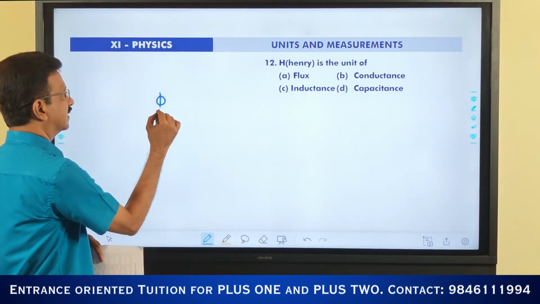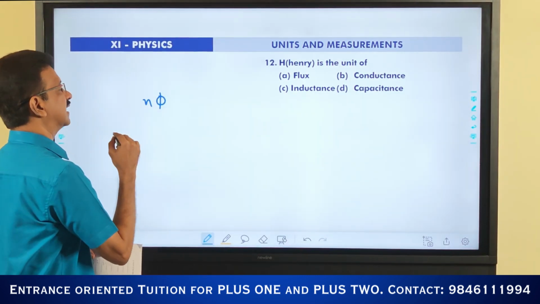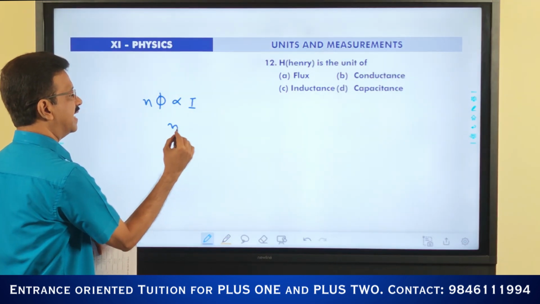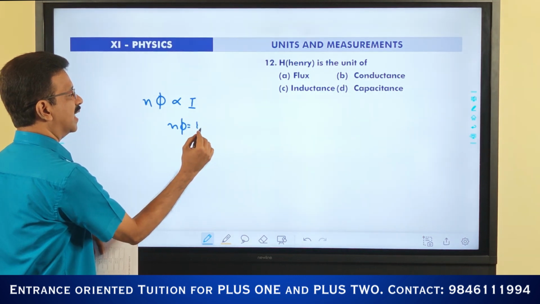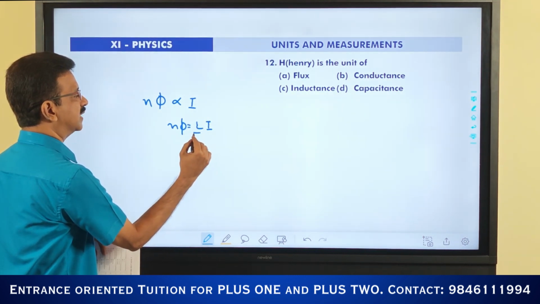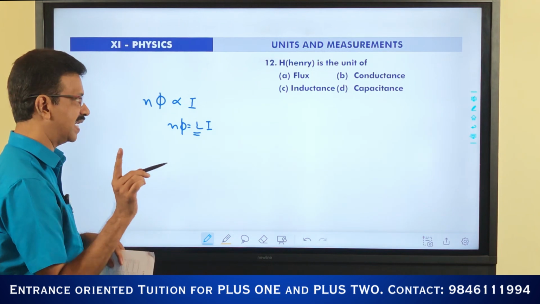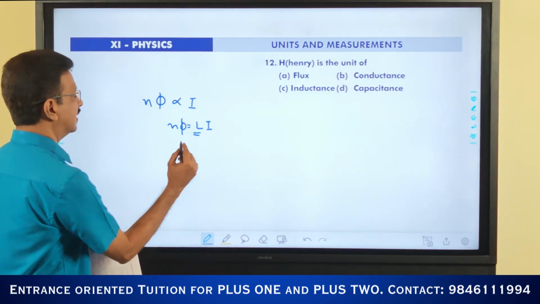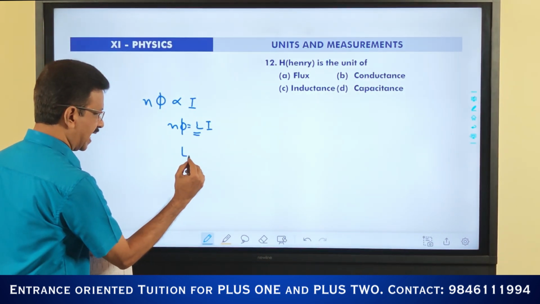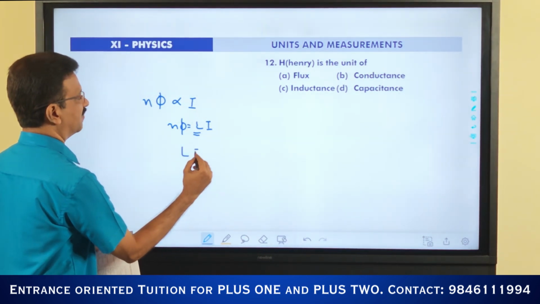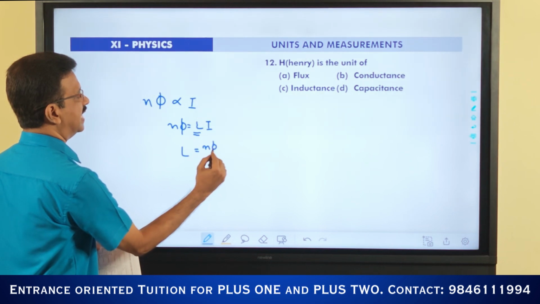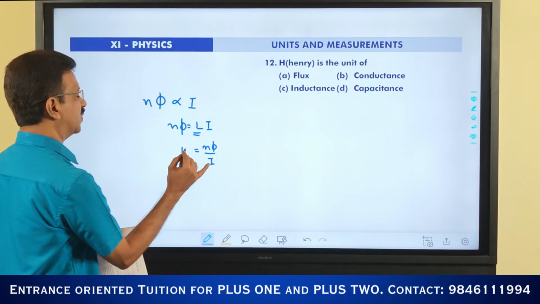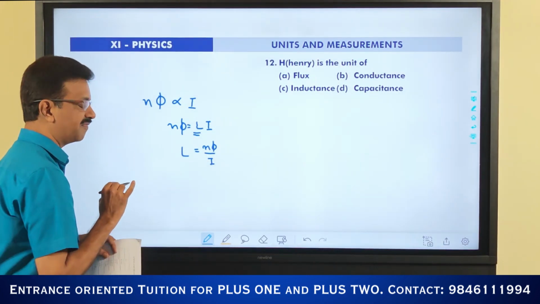Total flux, I'll write it as N phi, proportional to the current flowing, then N phi equal to Li. This proportionality constant is called self-inductance or coefficient of self-induction. That is, to find the dimensional formula of L, N phi divided by I. N phi, the total flux per unit current, gives self-inductance.